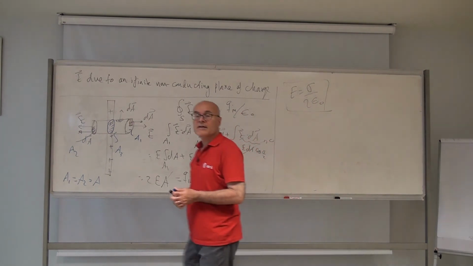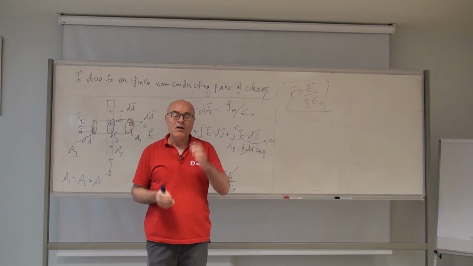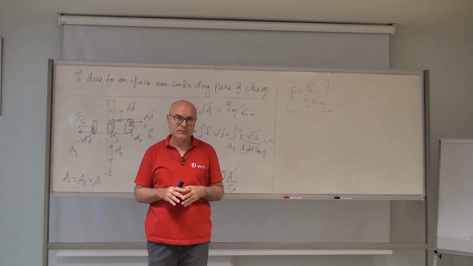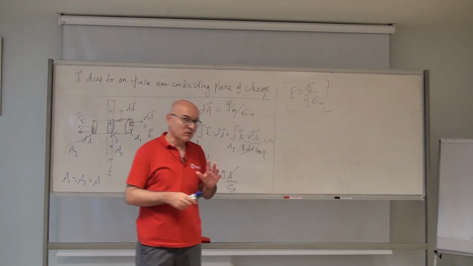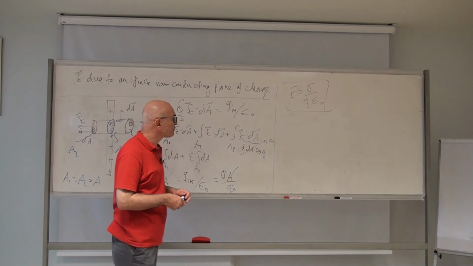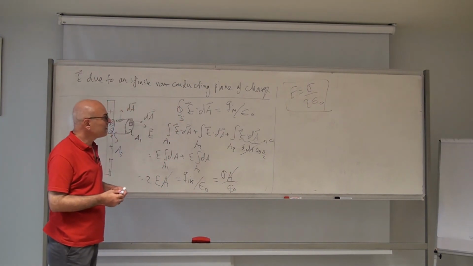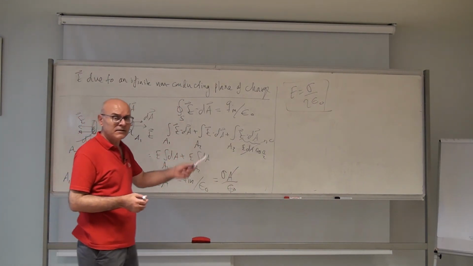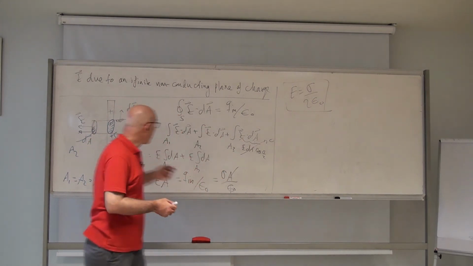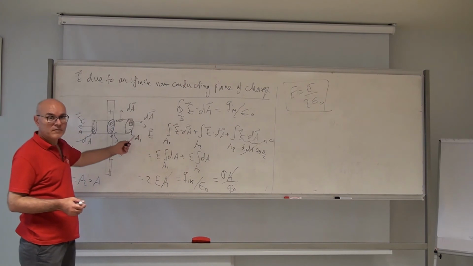And this is the electric field of an infinite charged, non-conducting plane. Non-conducting plane, it's important, because for a conducting plane, things are a bit different. Now, this is an interesting result. The electric field is independent of how far you are from the plane.